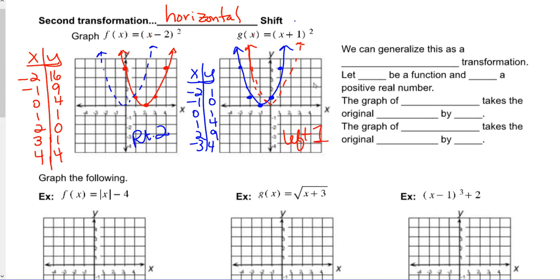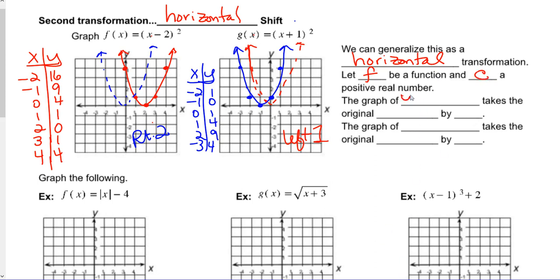Now, notice if I went to the left one in my equation, it has a +1, so it's opposite. When I look to the right 2, it is the -2 in the equation, so it's kind of the opposite of that. You have to change the sign. So in general, for our horizontal transformation, we're going to let f be a function and c be a positive real number.